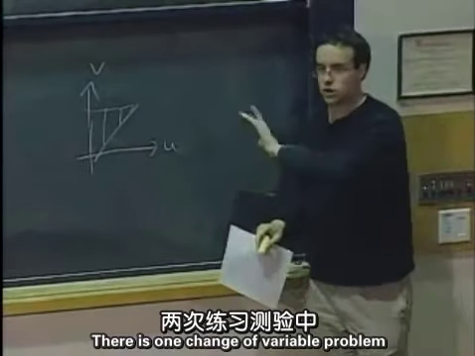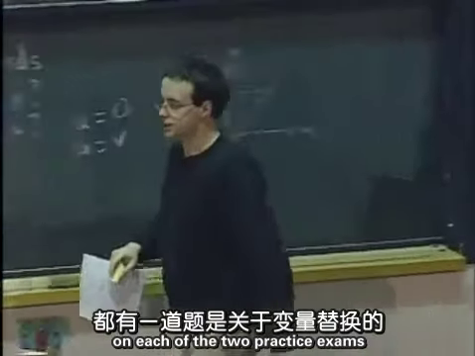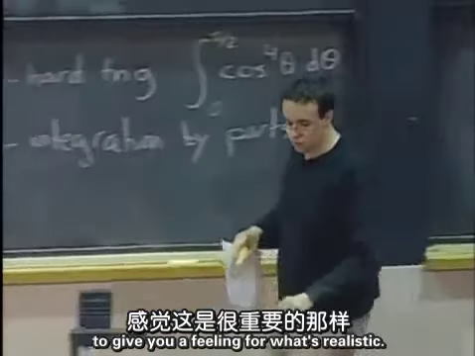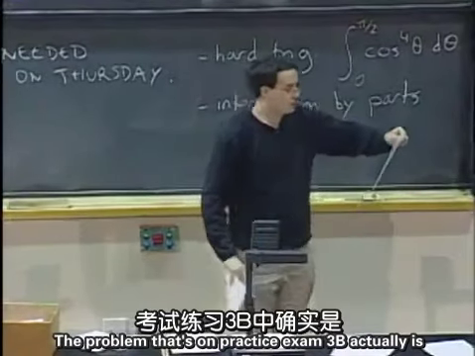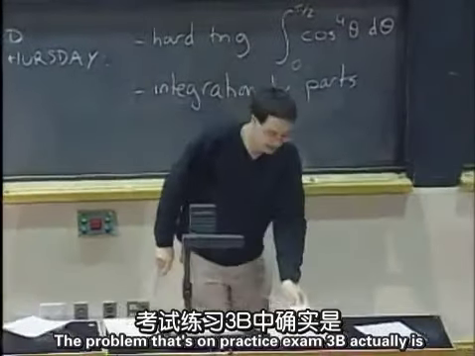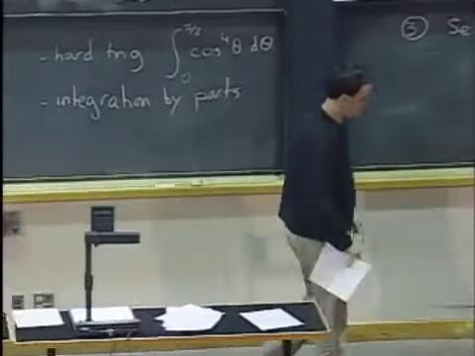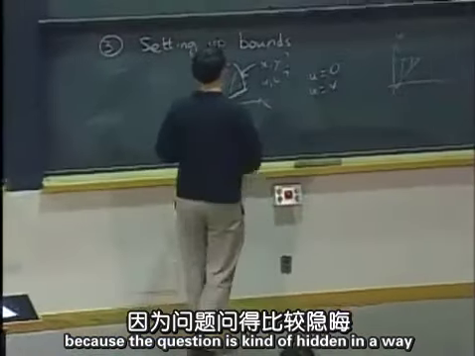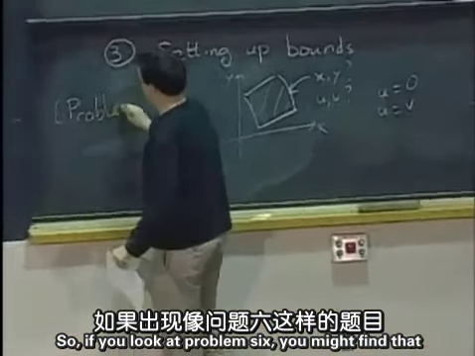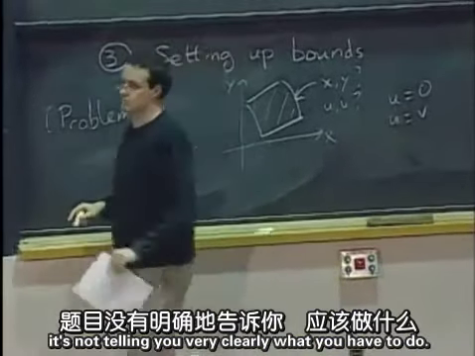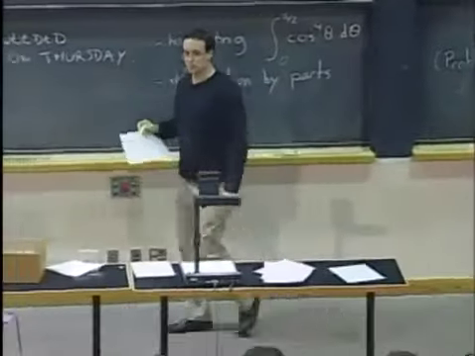There's one change of variable problem on each of the 2 practice exams to give you a feeling for what's realistic. The problem on practice exam 3B is actually on the hard side of things, because the question is kind of hidden in a way. So if you look at problem 6, you might find that it's not telling you very clearly what you have to do.